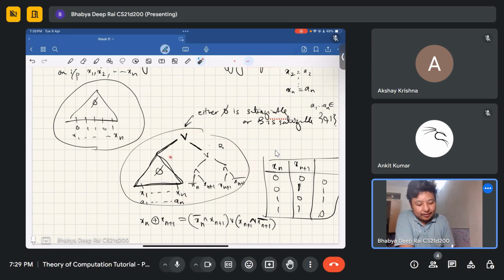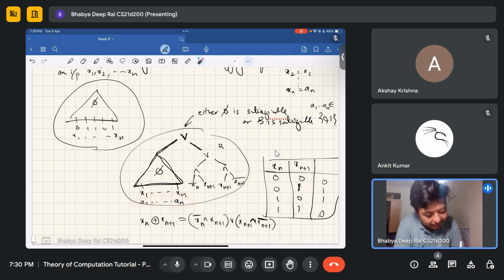I can choose A1 to AN from here, which satisfies phi, and then from here I'll assign 0 and 1, so this will output a 1.